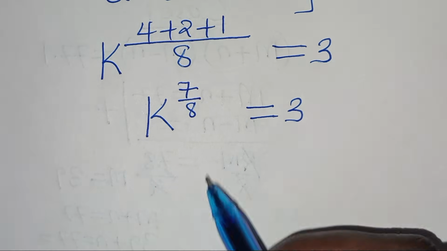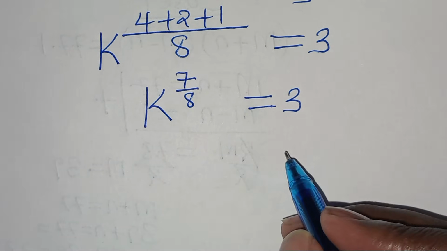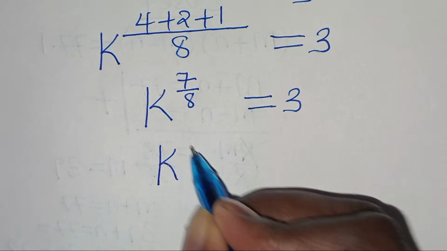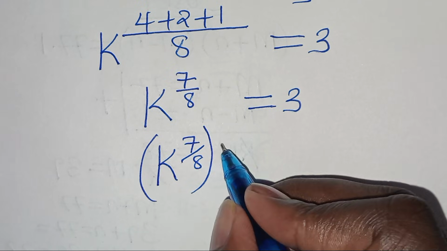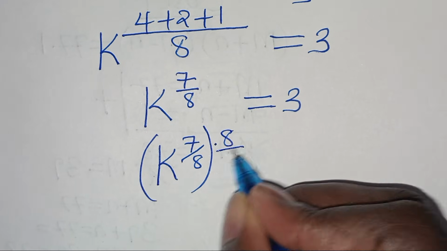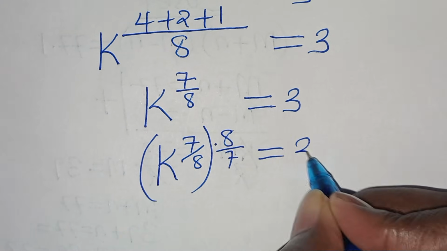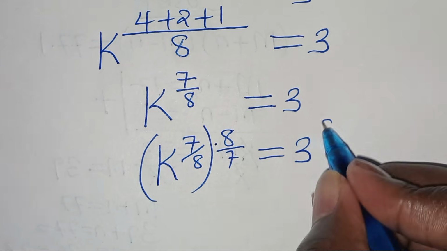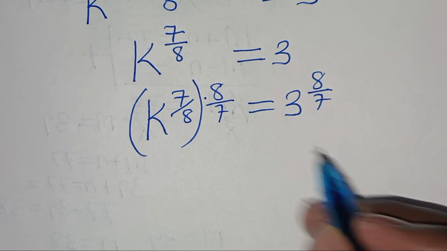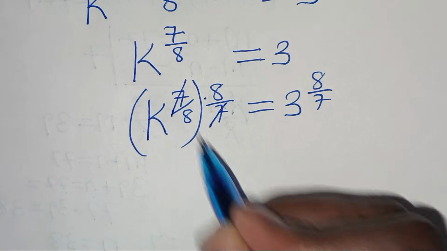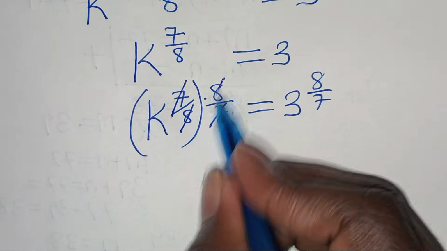So to solve for k, we have k to the power of 7 over 8. Let's multiply both sides by 8 over 7. This is equal to 3 to the power of 8 over 7. So in this case, 7 and 7 simplify, and 8 and 8 here simplify.